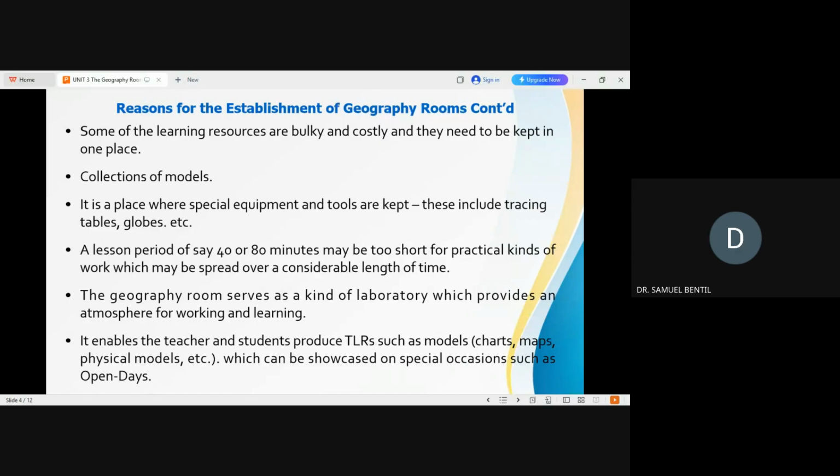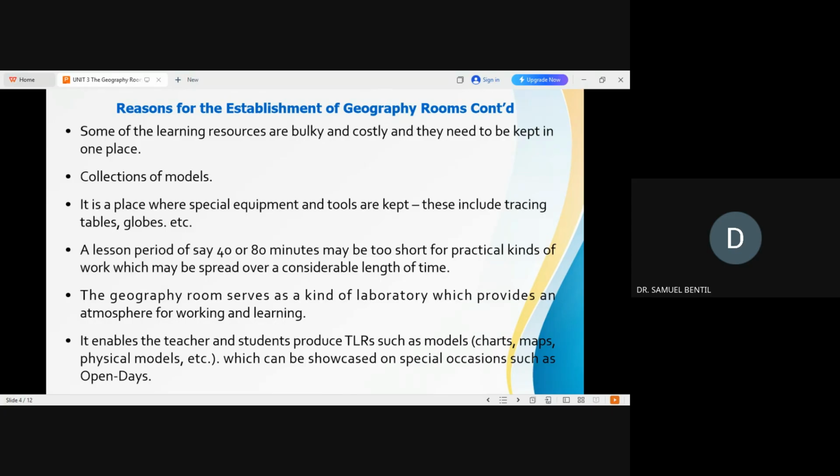Then we are saying that just as one of you said, the geography room serves as a laboratory which provides an atmosphere for working and learning. Just like we have a chemistry lab and a biology lab, when you go, you dress appropriately, and the chemicals and the things that you see are reflective of the subject you are doing.